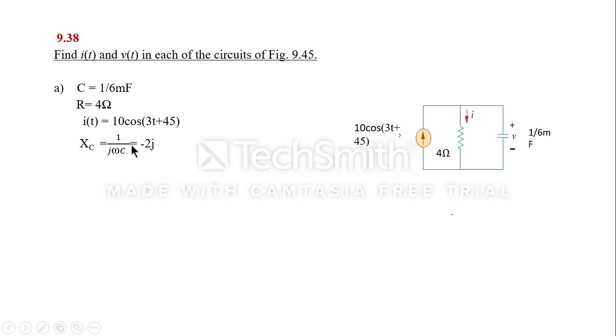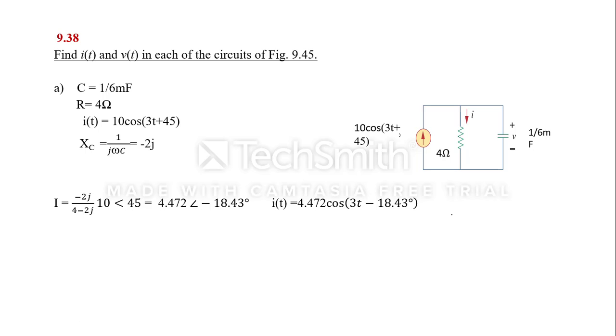Then we can find the current through the resistor by using the current divider rule, which is minus 2j by 4 minus 2j into the current source, which gives a value of 4.472 with a polar angle of minus 18.43 degree. So I of t is given by 4.472 cos of 3t minus 18.43 degree.